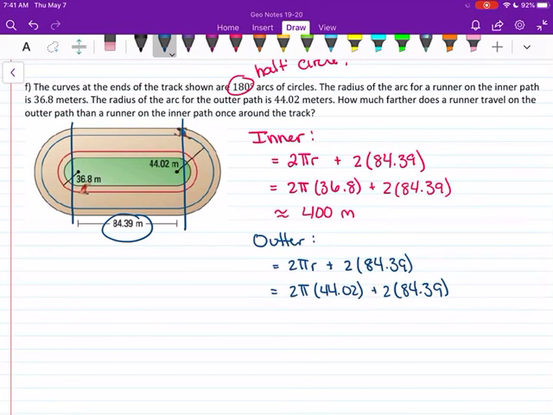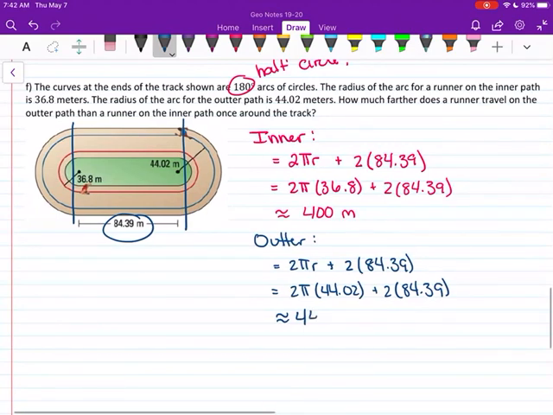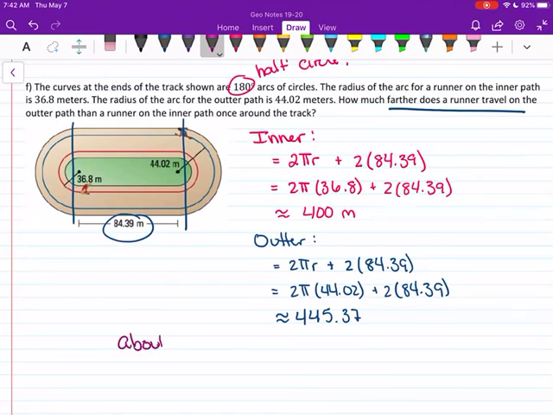So 2 pi times 44.02 plus 2 times 84.39. Sorry, I didn't pre-calculate this. Is approximately 445.37. So my answer would be, if I want to know how much farther does the runner travel on the outer path, so my answer would be about 45.37 meters farther.